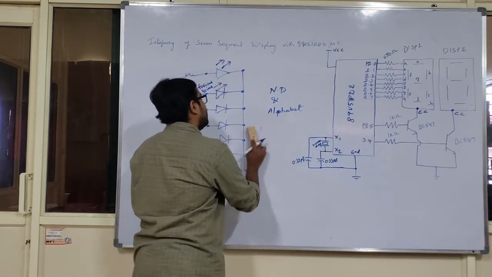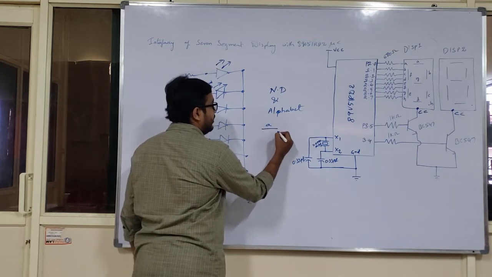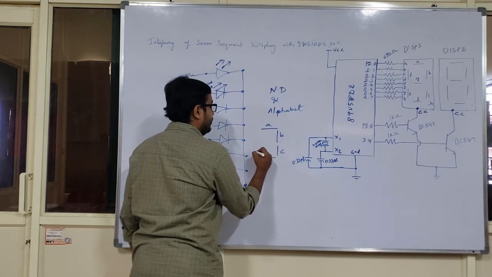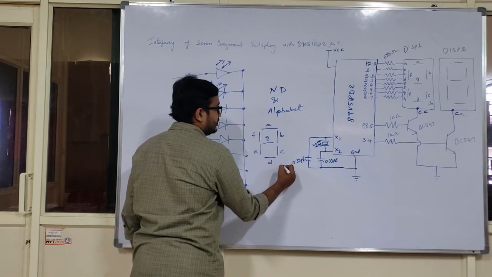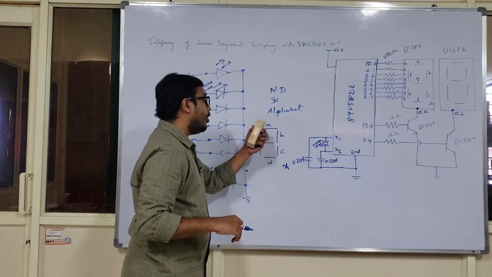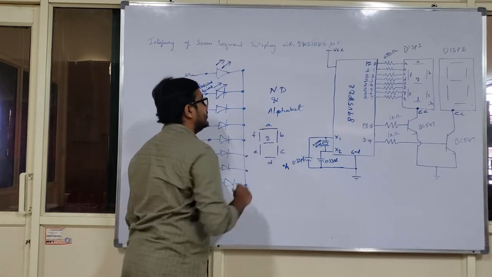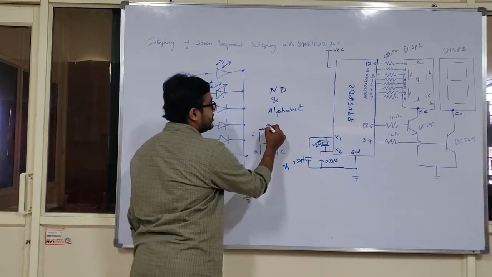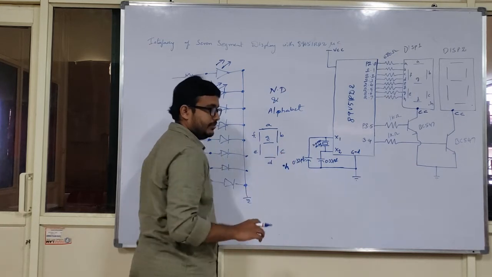A 7-segment display is represented in this manner: A, B, C, D, E, F, G, and this dot is represented here. For each and every segment, I am naming the segment: this is my A segment, B segment, C, D, E, F, G, and this is the H segment.